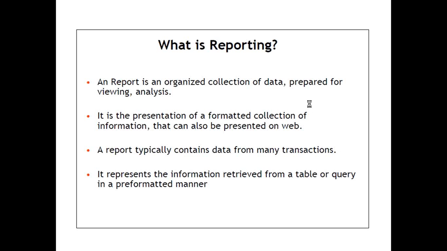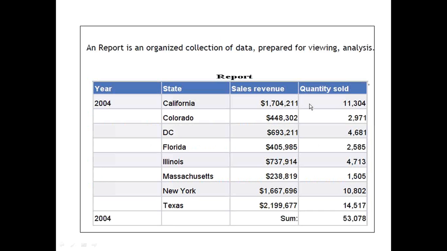Let's see an example of a report. Here is an organized collection of data prepared for viewing and analysis: year-wise, state-wise sales revenue and quantity sold. In 2004, the state-wise sales revenue information is available here.